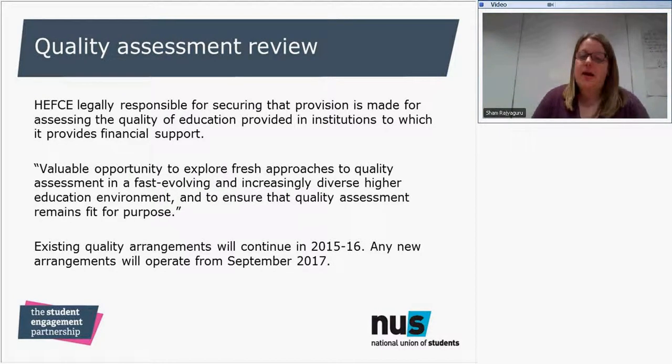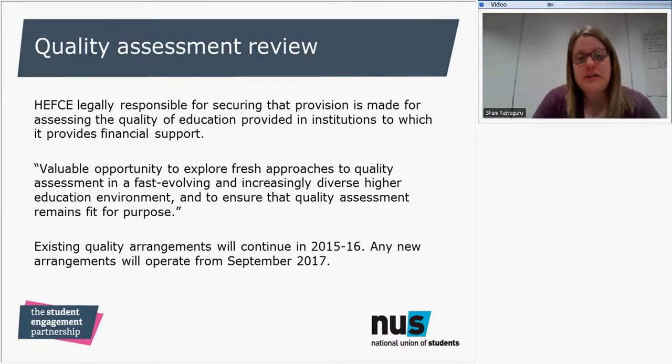It's quite timely at a national level that HEFCE is currently undertaking a quality assessment review. So HEFCE has the legal responsibility for securing the provision that's made for assessing quality for all the institutions that it would provide financial support to. So they have the duty essentially to assure quality, and they deliver that via the quality agency.